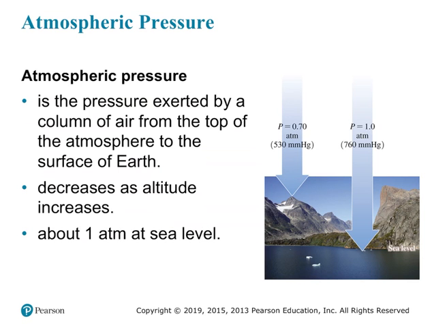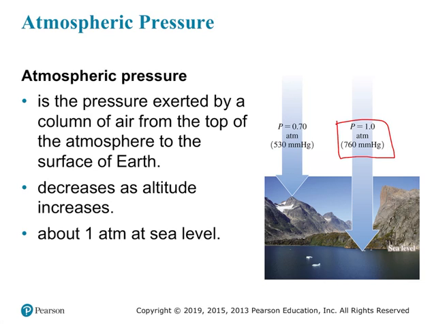Okay, so we just talked about how the atmosphere exerts a pressure on us. Now, this does change depending on your elevation. At sea level, atmospheric pressure is approximately 1 atmosphere, or 760 millimeters of mercury.